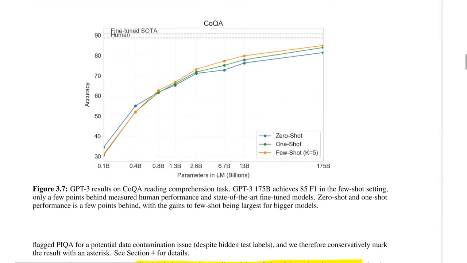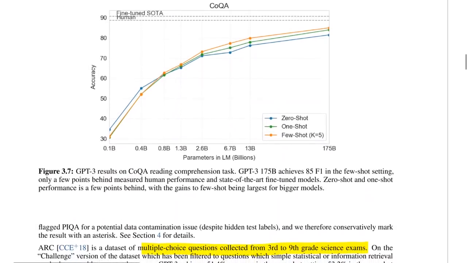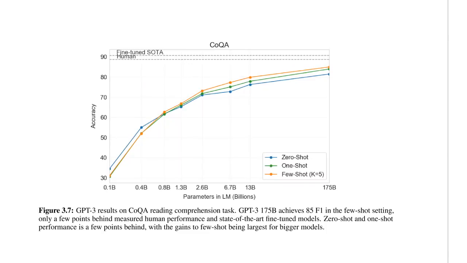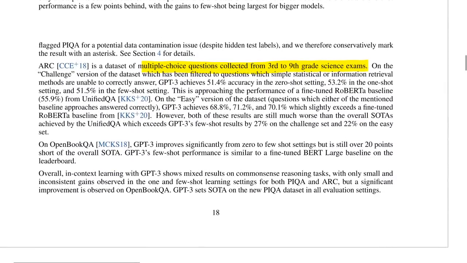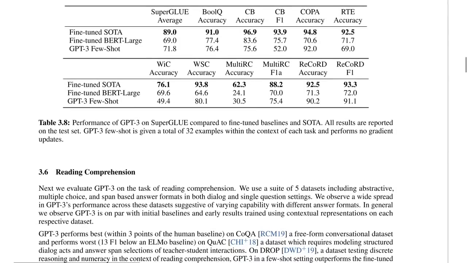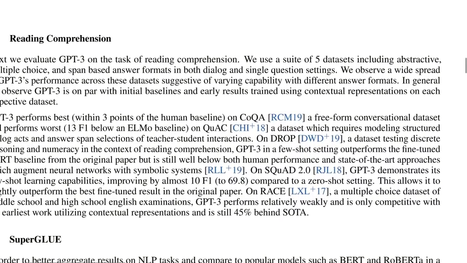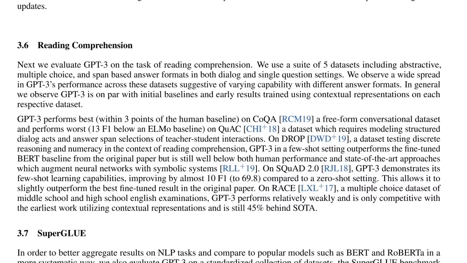So they have a few other things right here where on these CoQA tasks they perform pretty poorly compared to others. They perform well, but not particularly better than a state-of-the-art model. And they perform especially poorly on reading comprehension. In reading comprehension, what you have to do is handle abstractive, multiple choice, and span-based answer formats in both dialogue and single question settings.